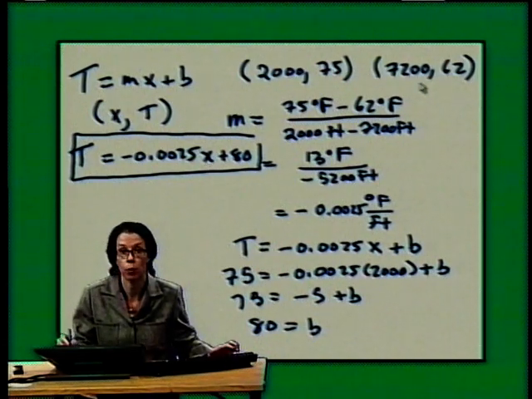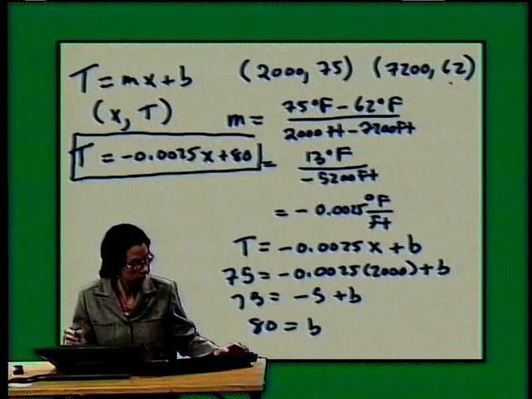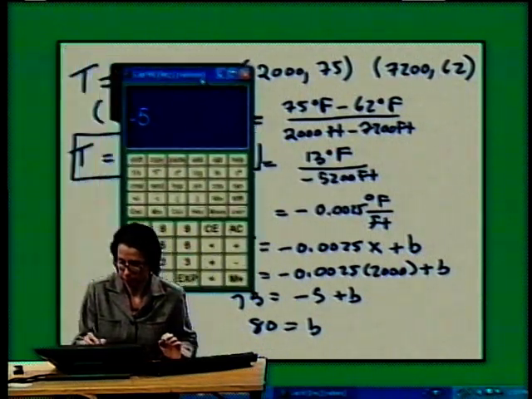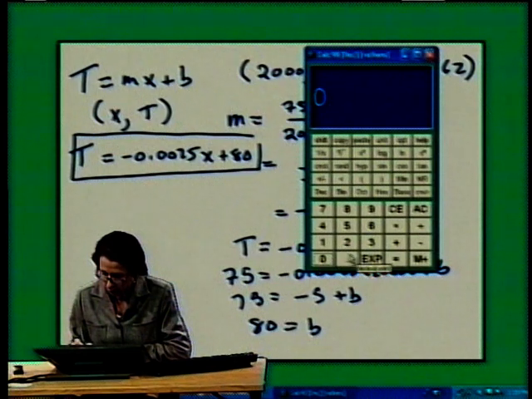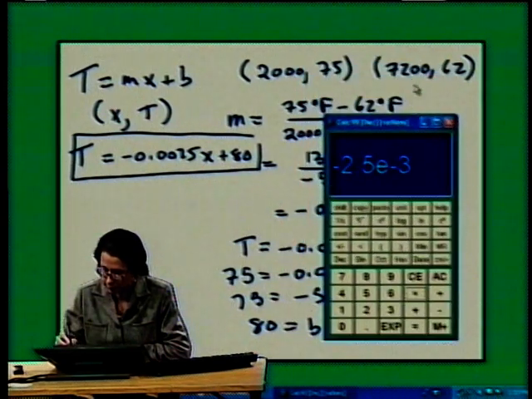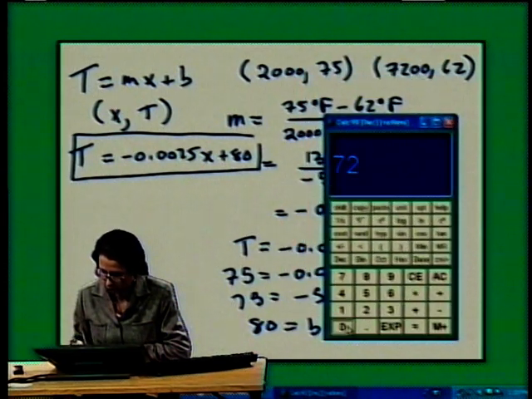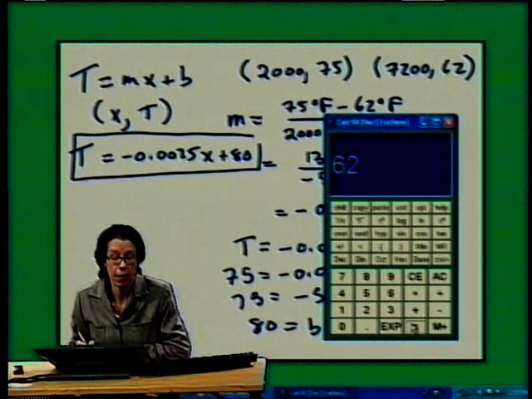This would correspond with my second data point. So multiplying negative 0.0025 by 7,200 and then adding 80 does indeed give me 62. My equation checks.